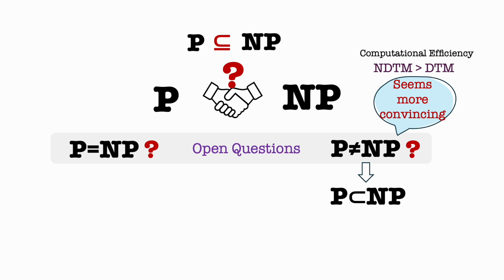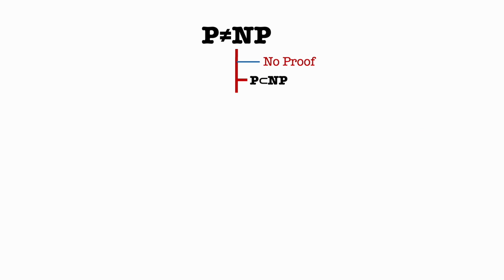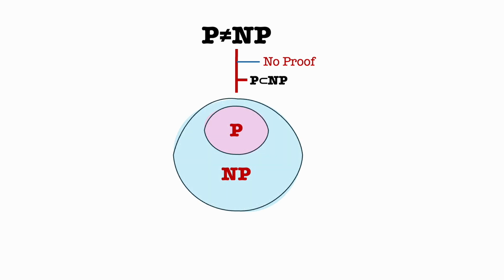There are many problems, such as the traveling salesman problem, subset sum problem, and the 0 1 knapsack problem, that belong to NP. For these problems, polynomial time verification algorithms exist, but no polynomial time algorithm is known that can actually solve them. Though there is no formal proof that P is not equal to NP, based on the extensive efforts of mathematicians over the years, many believe that P is not equal to NP.